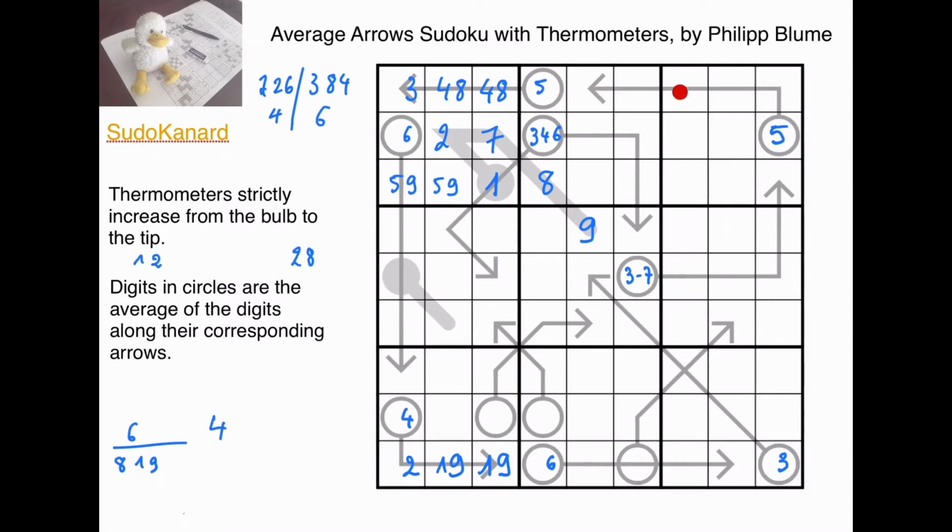Now we have all those digits. There are 1, 2, 7, 6, and 9. And we have all those digits as well. There must be 1, 5, 7, 8, and 9. All those 5 digits, but this one is not 1 or 9, so it's 5, 7, or 8.